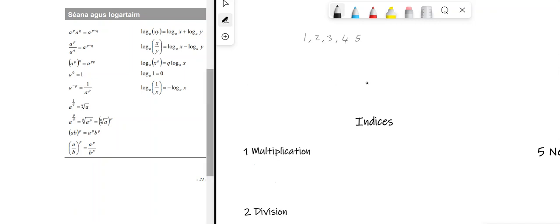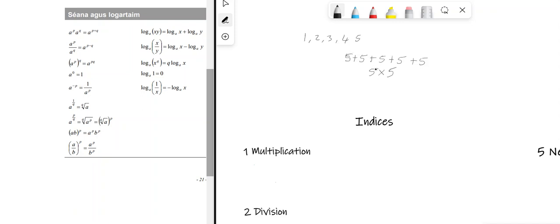Then if we take something like 5 plus 5 plus 5 plus 5 plus 5, instead of writing something out like that, which is quite long, maths is always about shortening things. So we can write this as a multiplication: 5 multiplied by 5.